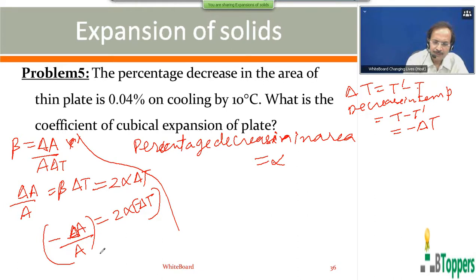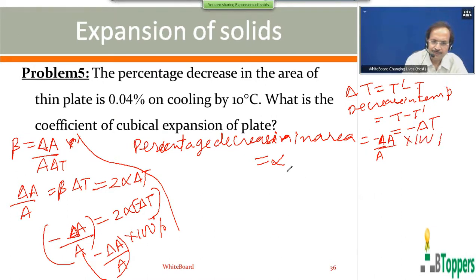You have to multiply both sides with 100. Percentage decrease in area is equal to actual decrease in area by original area into 100%. So that is minus delta A by A into 100%.